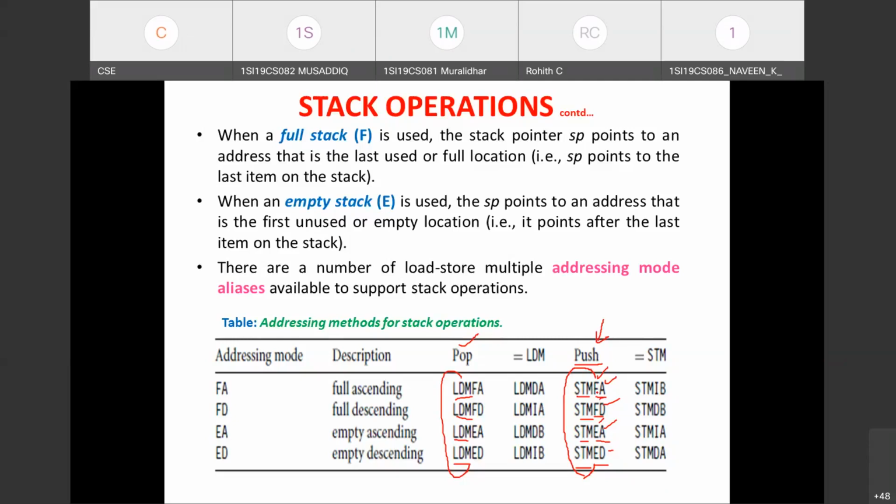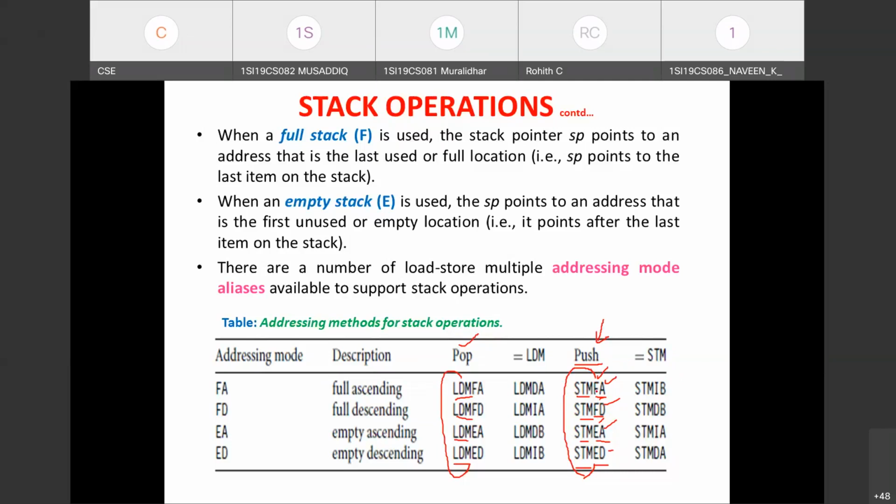If it were to be full stack, just see, if I'm using F in the mnemonic, that means it is full stack. If it were to be full stack, SP will be pointing to the last element inserted. Are you getting? And what is the equivalent STM instruction for STMFA? The full ascending. That means SP is pointing to the last element inserted.